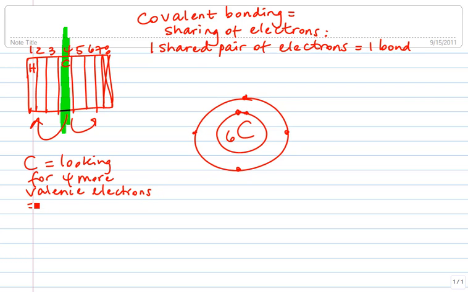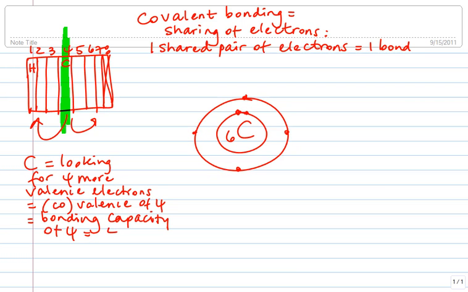Another way of saying this is that carbon has a valence or a covalence of 4, or that the bonding capacity is 4.